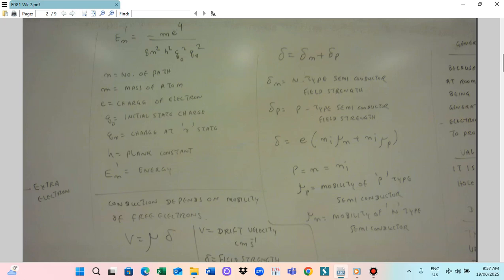So that is how the p-type and n-type semiconductors work, and how the mobility and the field are affecting them. By this way we can calculate those equations.